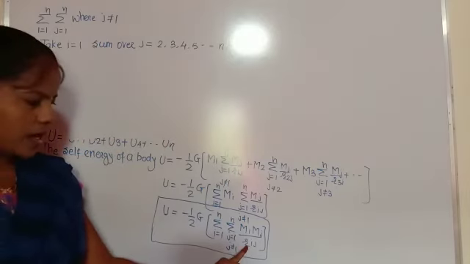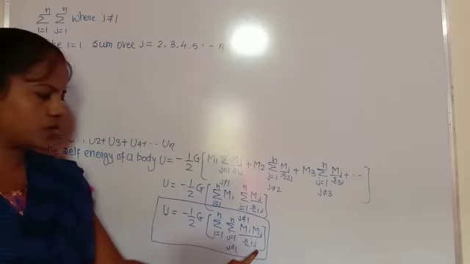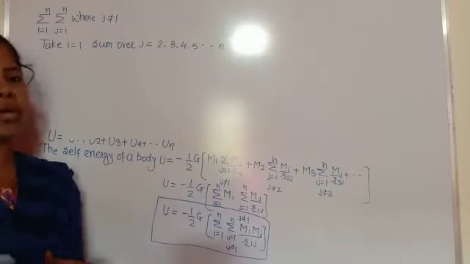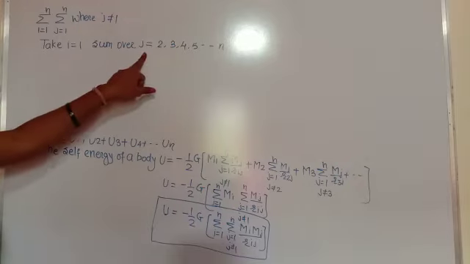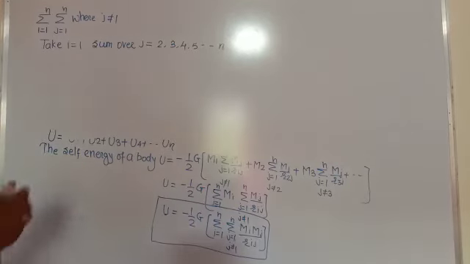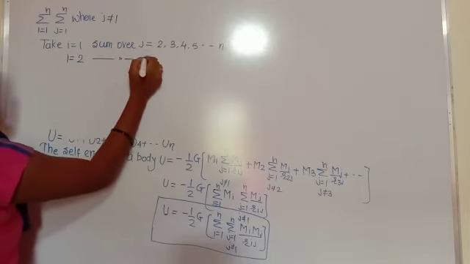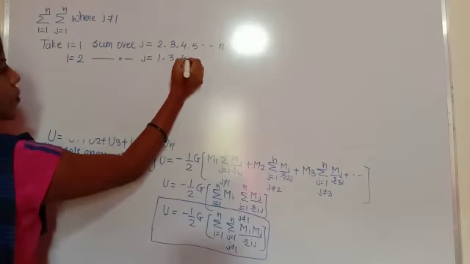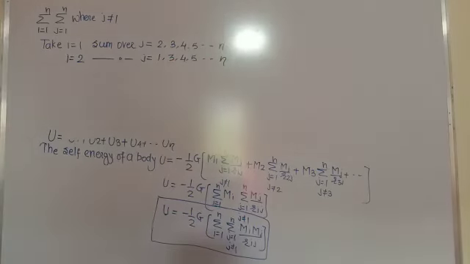Here rij, if we take i equals 1, means r1, and j equals 2, r12 means the distance between the first particle m1 and the second particle m2. Take i equals 1 and sum over j equals 2, 3, 4, 5, 6. Take i equals 2 and sum over j equals 1, 3, 4, 5 up to n. Okay, you got it?